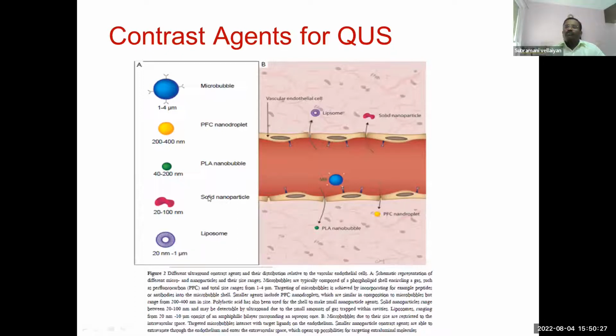So there are various contrast agents called microbubbles, from microbubble to nanobubble, nanoparticle. You will be able to see that biological, molecular and functional imaging is possible based on grayscale, Doppler, elastography, and quantitative imaging.